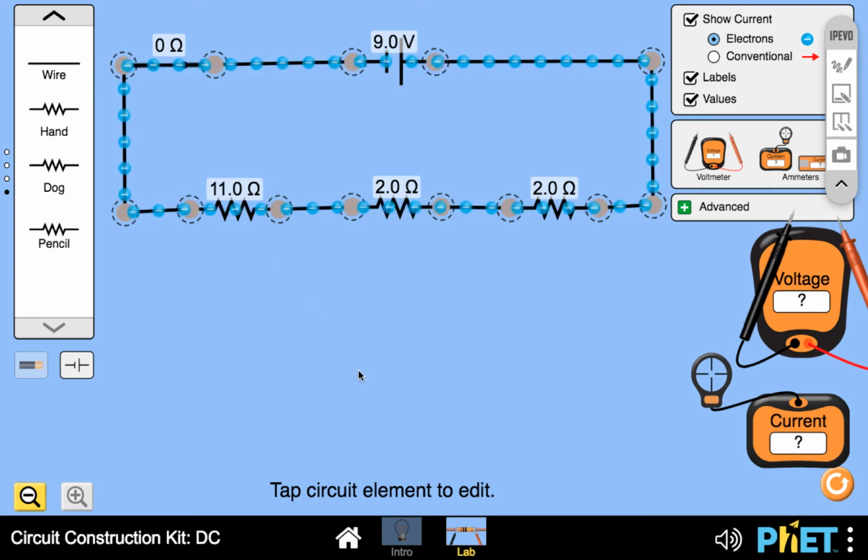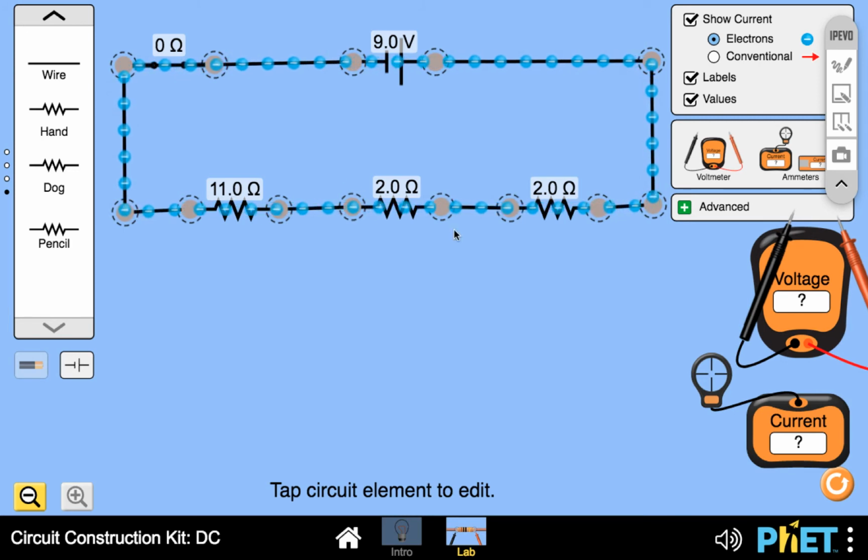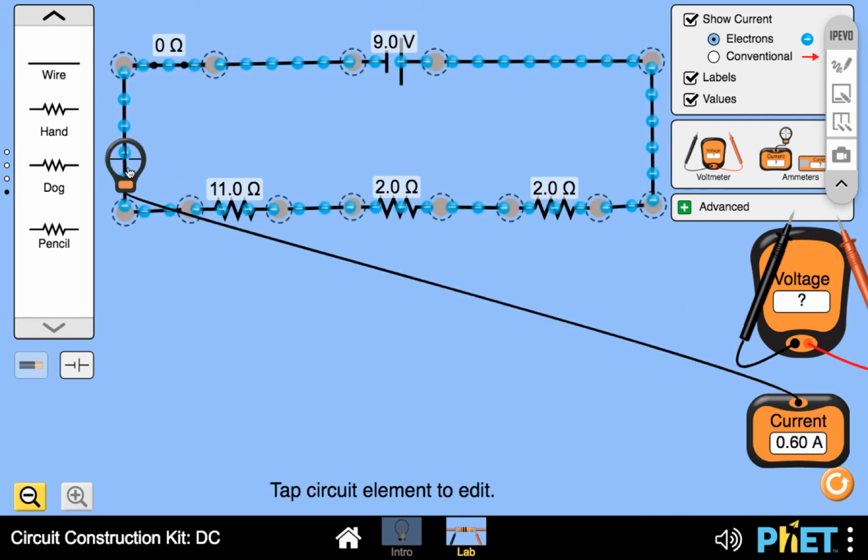Right, great. So now we want to investigate whether the current that is passing through these resistors is going to be the same too, just like when the resistors are of the same size. So let's see. We can see our current is still 0.6 because the total resistance is still the same.